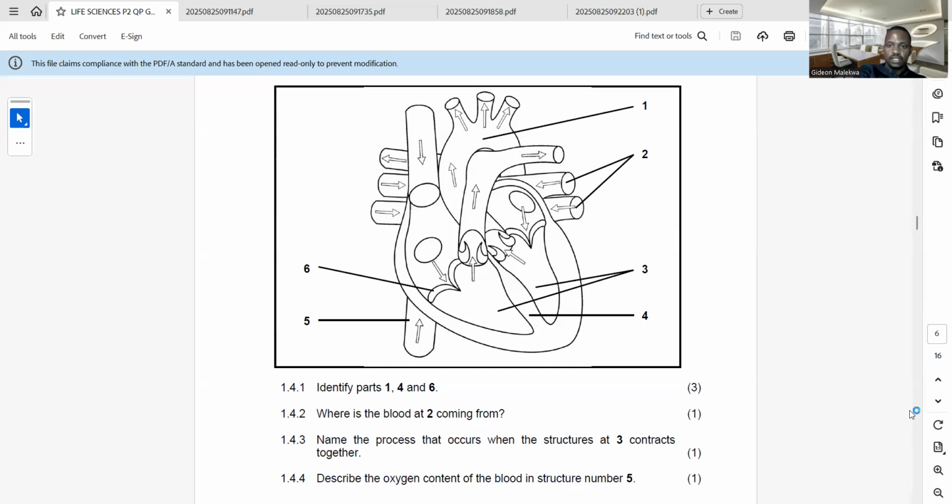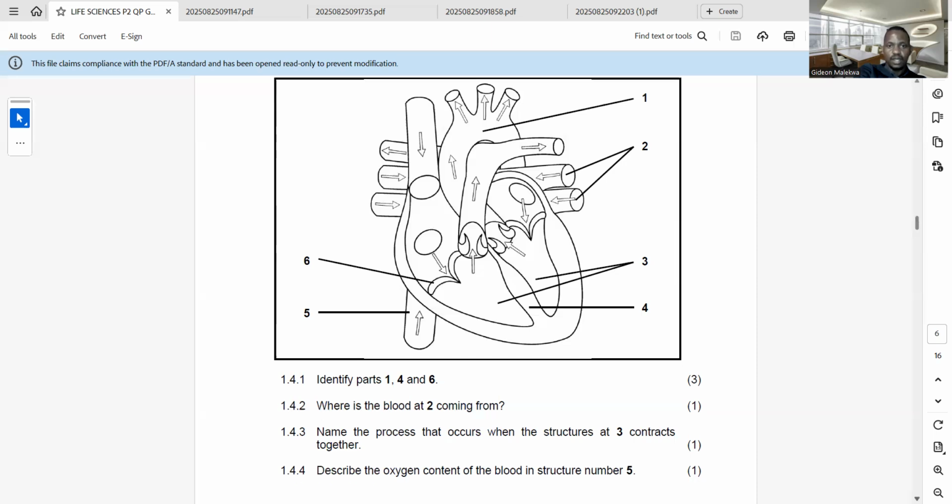Okay, let's move on, guys. This is the structure of the heart. I think I've explained a few things already in terms of the parts that are there.